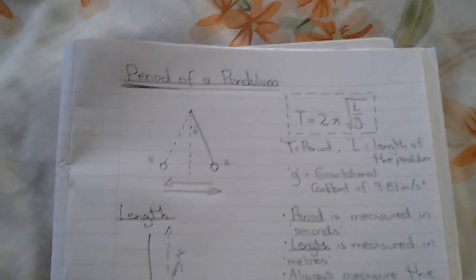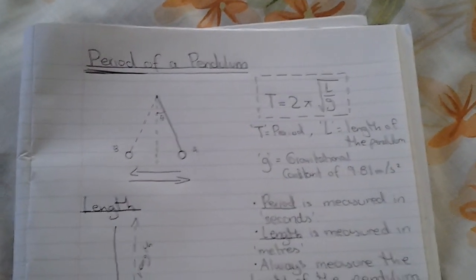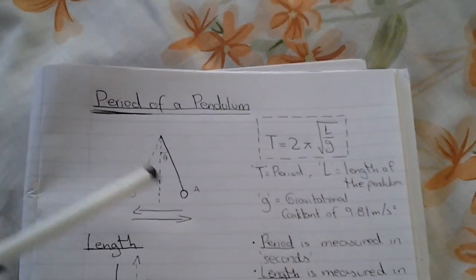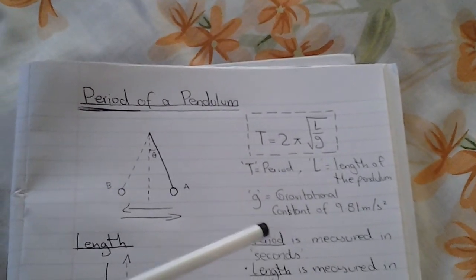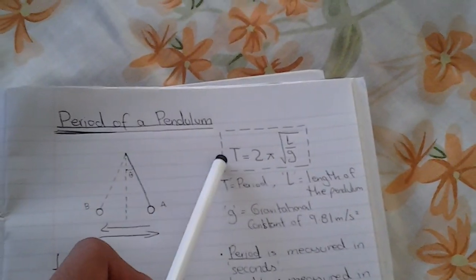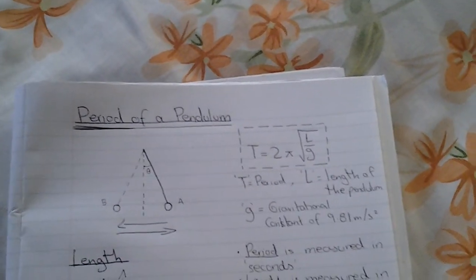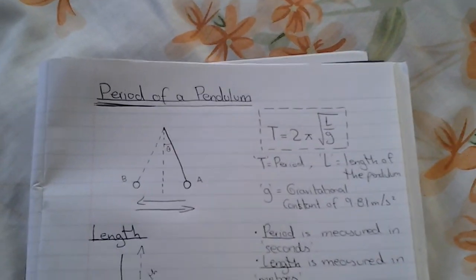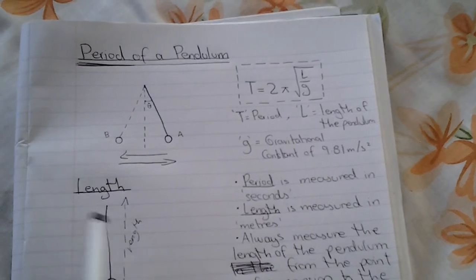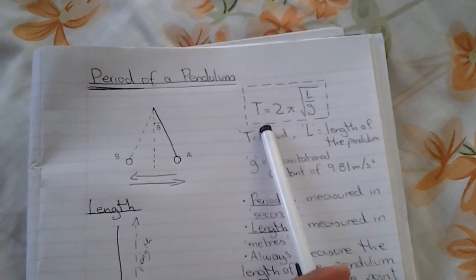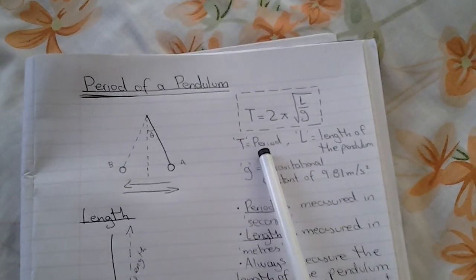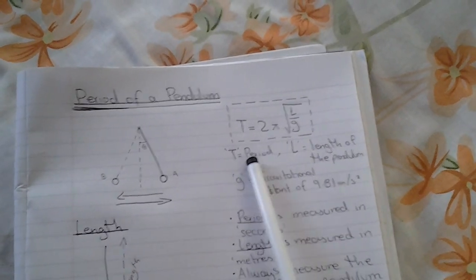I was quite surprised at that, and I was also surprised to know that the length is the only thing responsible for the alteration in the periodic time, which we will discuss later, with other factors which affect the periodic time.